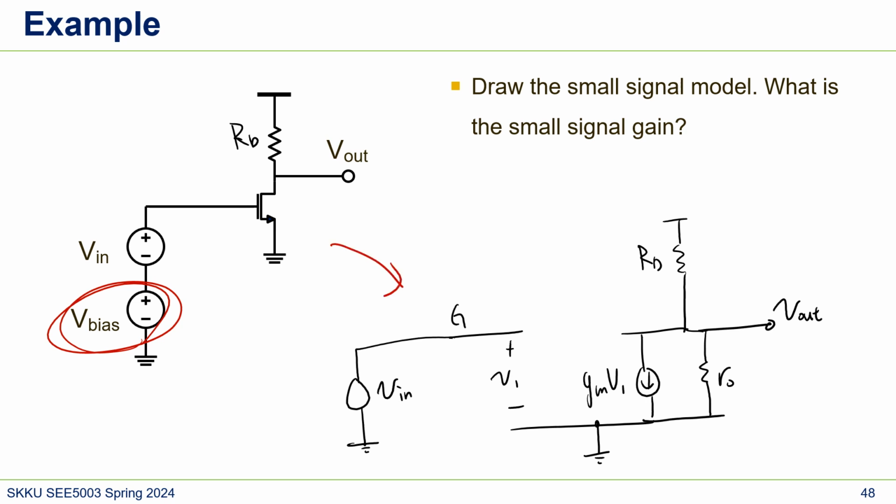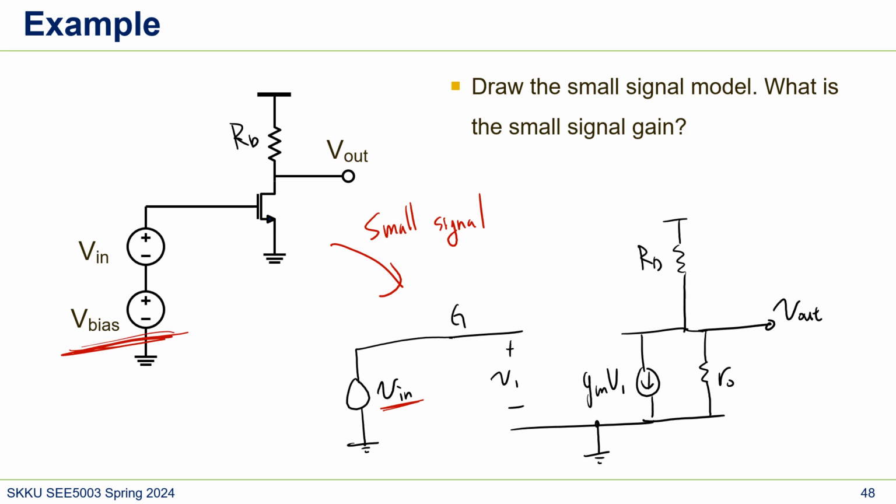When we move to small signal, we are not caring about DC voltage, so we remove this and we only have vin. But in this case, it seems like this V bias is totally ignored. Do you think it is? No, we actually consider this V bias. Where? This is a very important question, and we'll cover this in our in-person class too.